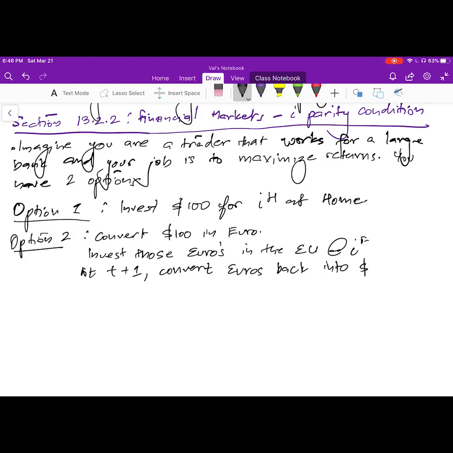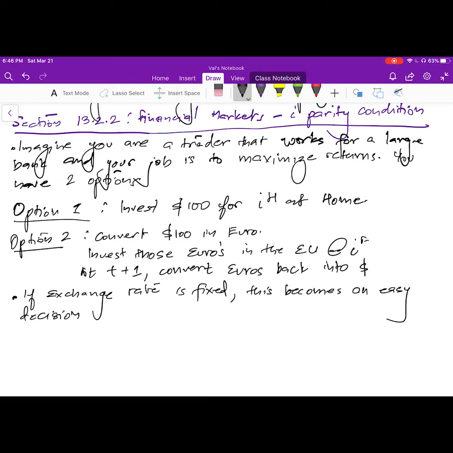Okay, and so the idea is, of course, if the exchange rate is fixed, this becomes an easy decision, because all you're doing then is comparing the interest rates and investing in the country that offers the higher interest rate.